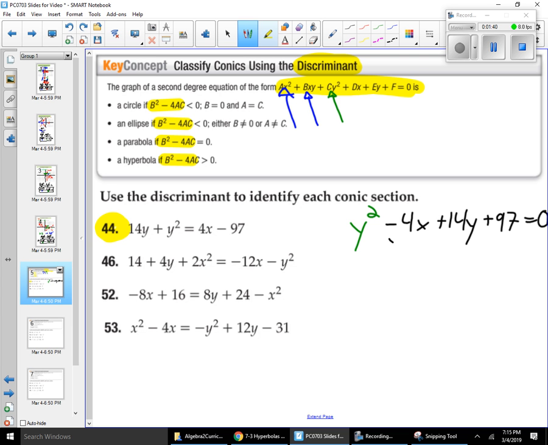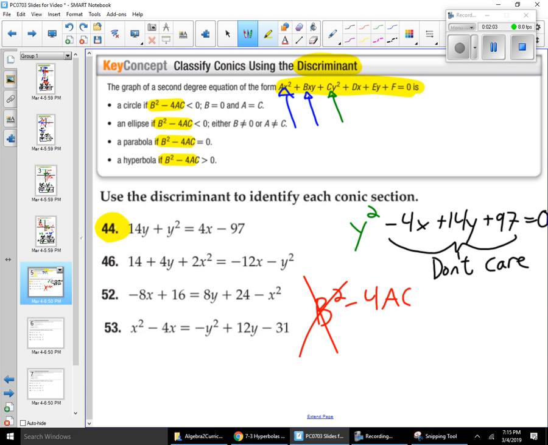Note that I don't care about d, e, or f at all. None of those, neither of those two linear terms nor that constant have any bearing at all on what kind of conic this is. Our discriminant, b squared minus 4ac.